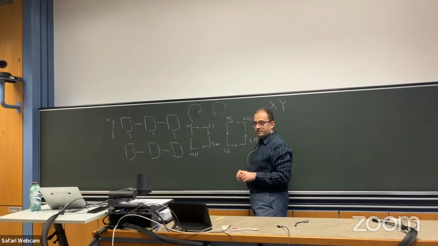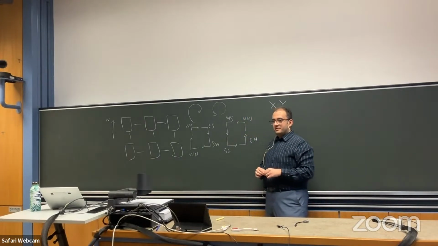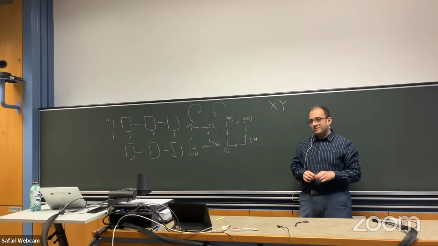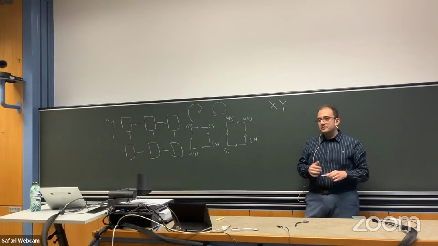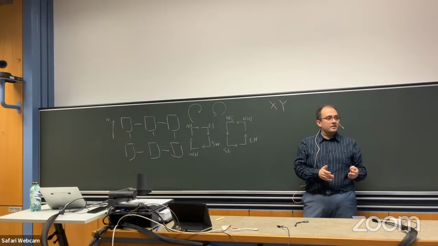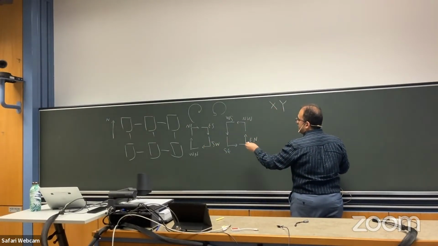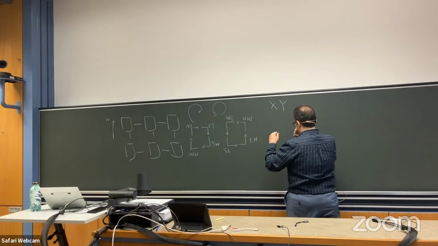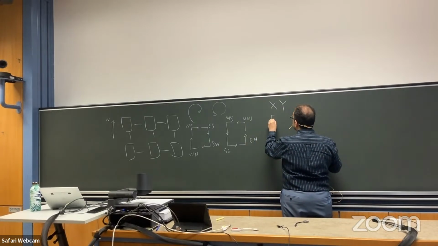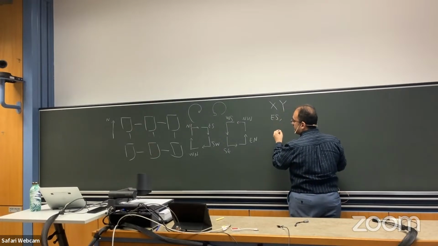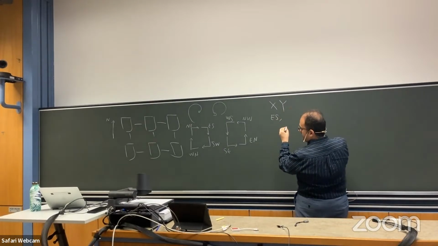Exactly. And why? Can you explain? That's true. Is that clear? So essentially in XY routing, in the clockwise turns you only have east-south and west-north.